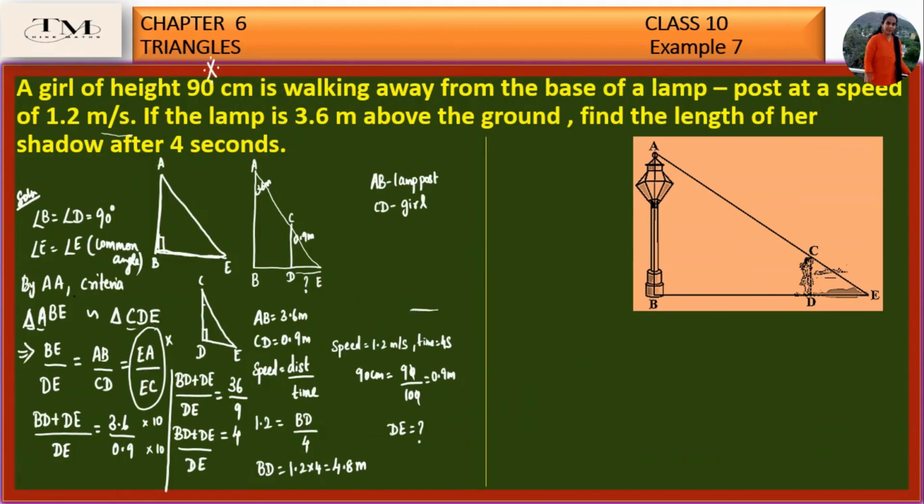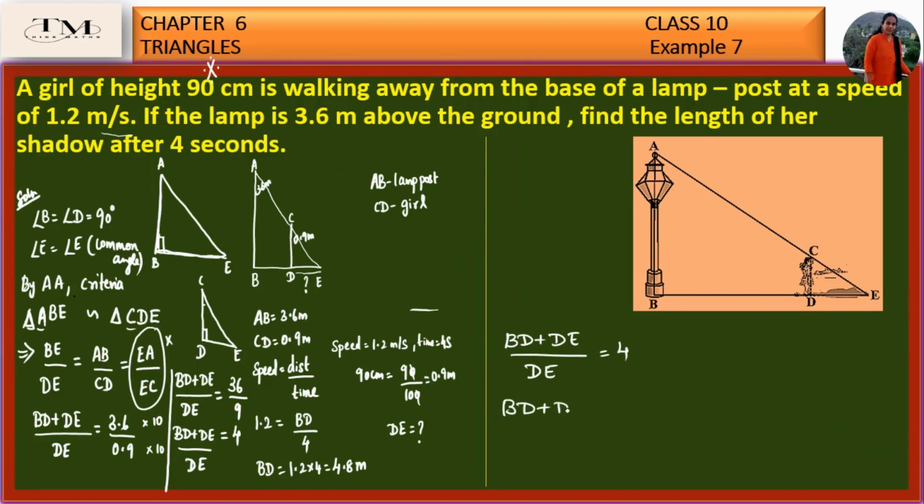So far we had BD plus DE divided by DE equal to 4. Now just cross multiply.